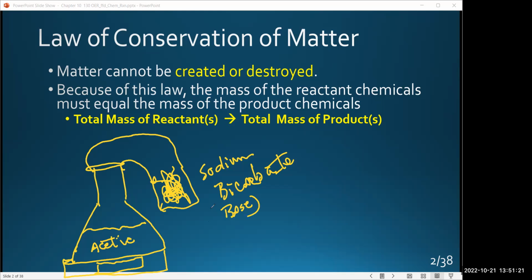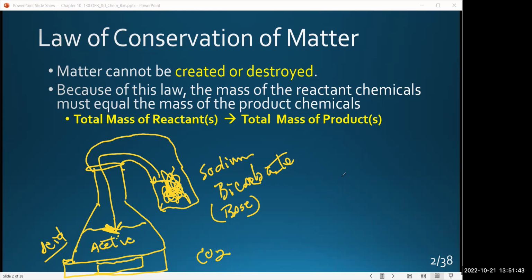The acetic acid is obviously an acid, so we had an acid-base reaction going on. Then we take that balloon and put it straight up, and the baking soda goes into the acetic acid, which causes a reaction. One of the products created was carbon dioxide.